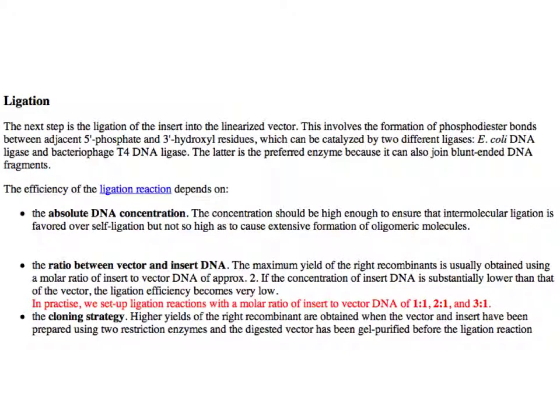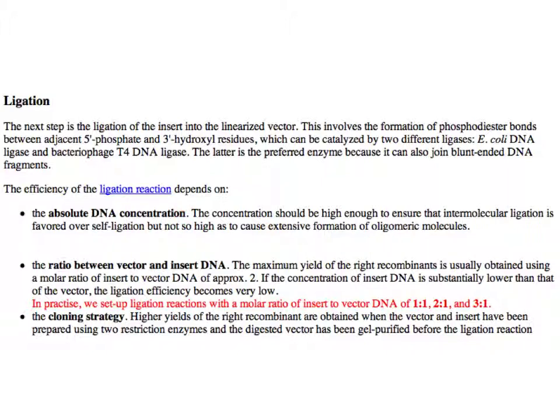The ligation takes your vector and your insert and forms a phosphodiester bond between the adjacent 5' phosphate and the 3' hydroxyl ends. You can use bacteriophage T4 ligase, because it's very powerful and has been used to join blunt ends.